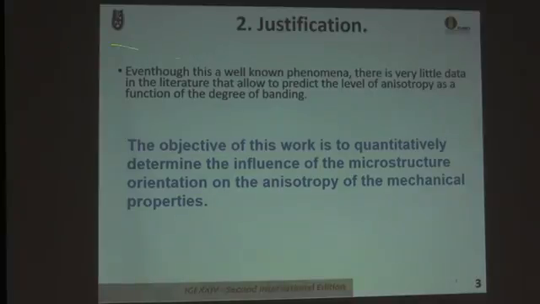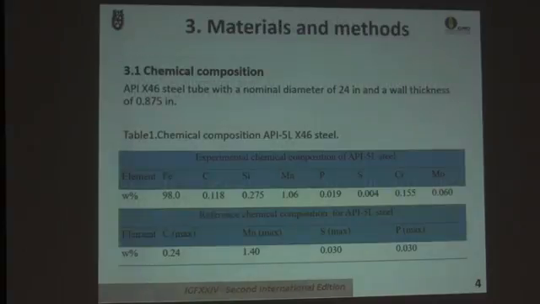Even though this is a well-known phenomenon, there is very little data about how those characteristics, like the degree of banding, affect the mechanical properties. For this reason, the objective of this work is to determine quantitatively the influence of the microstructure orientation on the anisotropy of the mechanical properties.